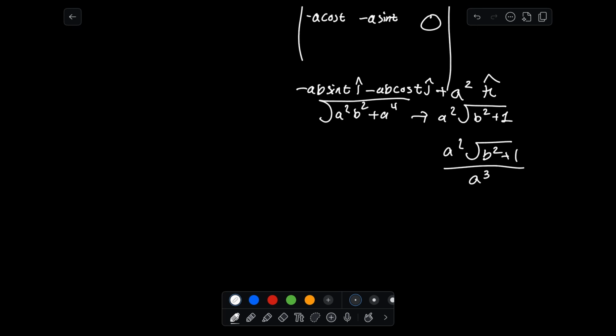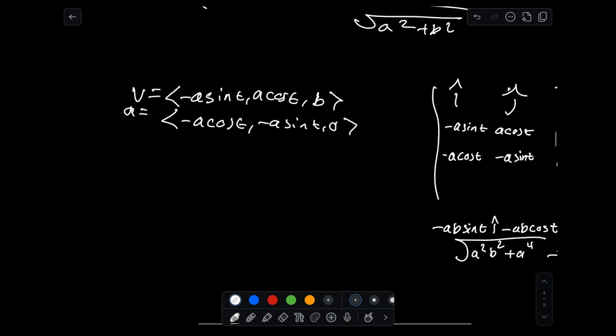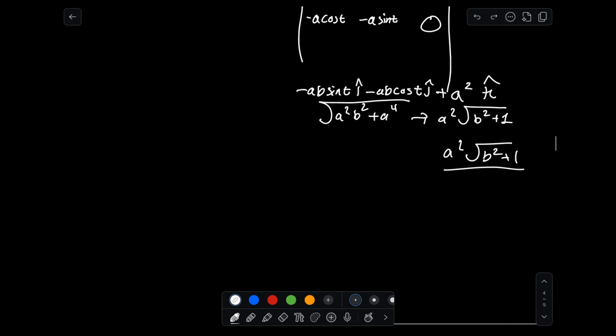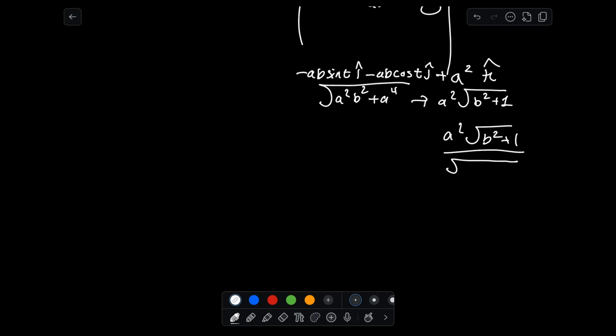A cubed. Actually, no, we're not going to get A cubed. Sorry, we're going to get A squared plus B squared. This should not be A squared, this should be A, excuse me.